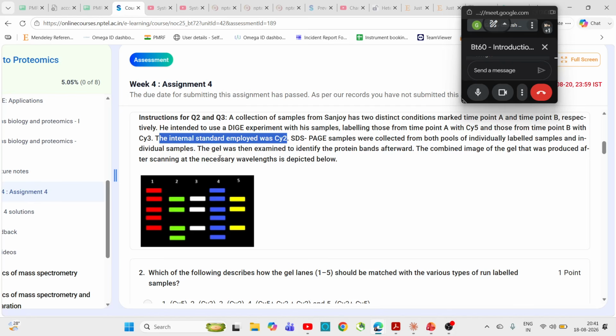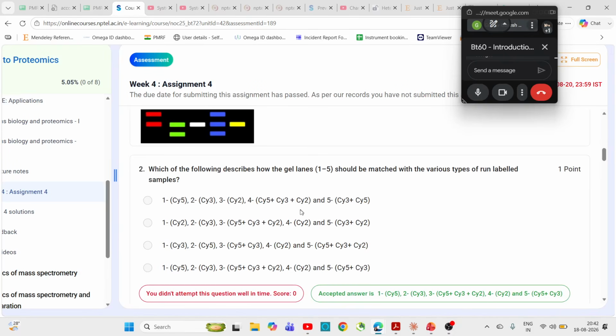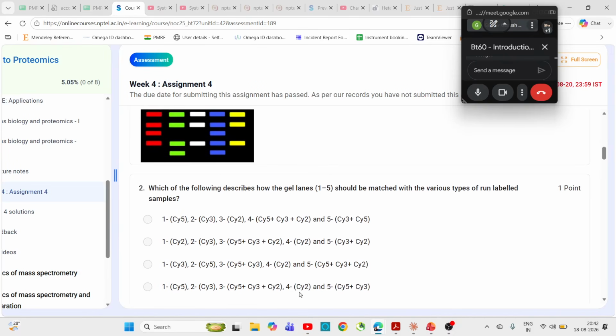This is a pooled sample, so it should have everything present in point A and point B together. So for the fourth one, which is Psi2, we have option number 4, option number 3, and option number 2. So we can eliminate the first option here.